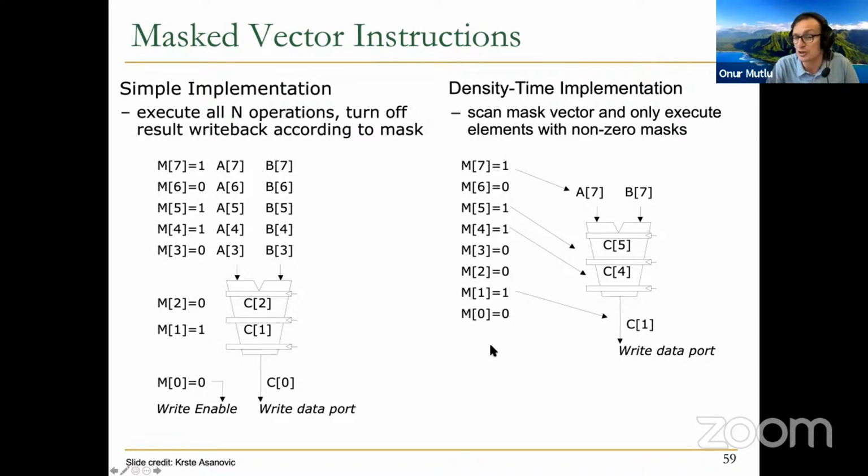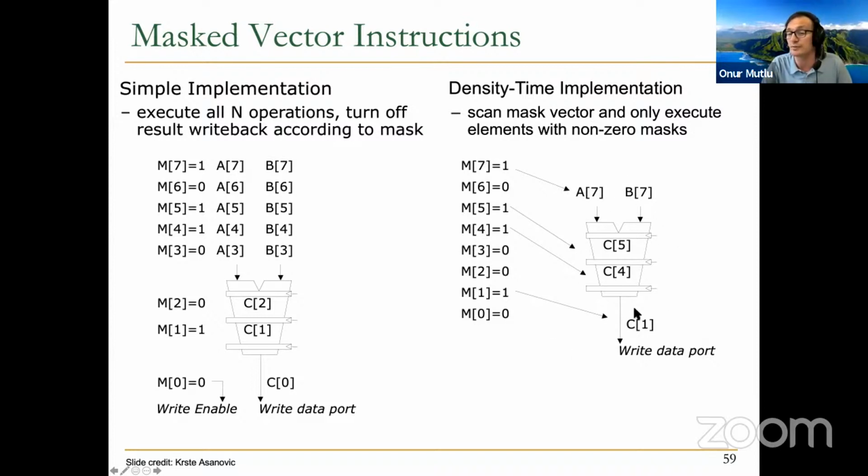This works nicely, of course, if most of your mask bits are 0. If most of your mask bits are 1, then you waste some time figuring out this density time, essentially figuring out which ones. So it really depends. Which works well depends on whether most of your mask bits are 0s or 1s. And usually, this one on the right is a better option, especially if you're operating on sparse vectors. This is a good idea.